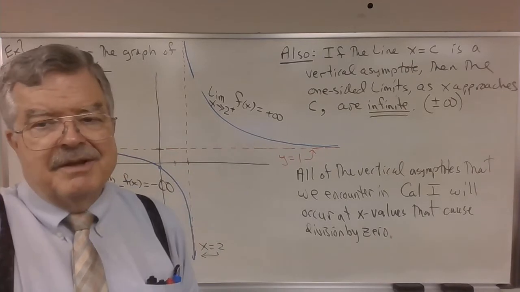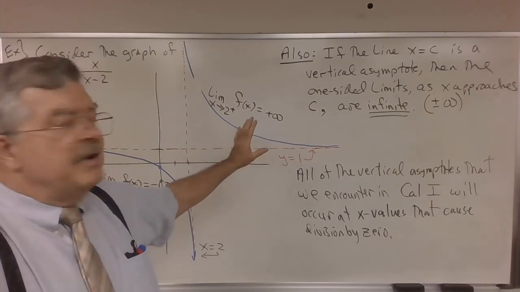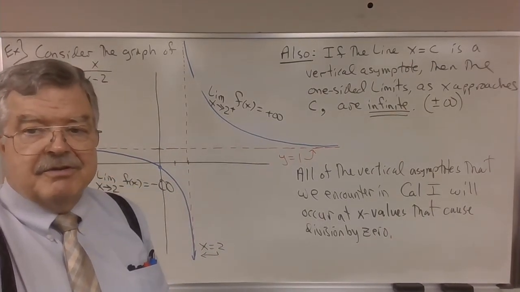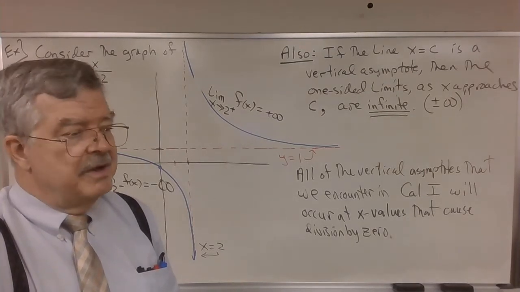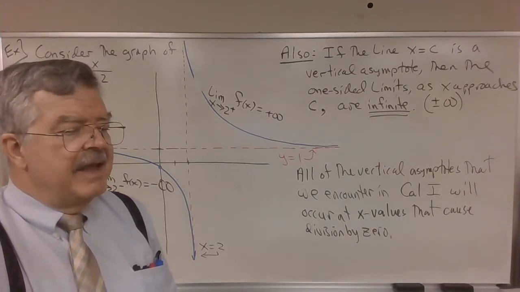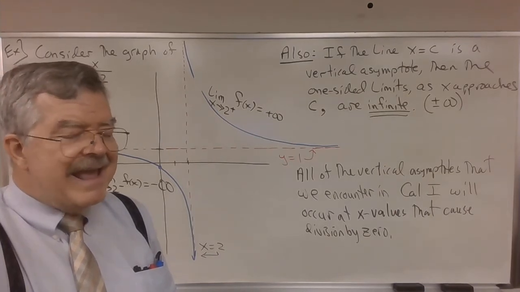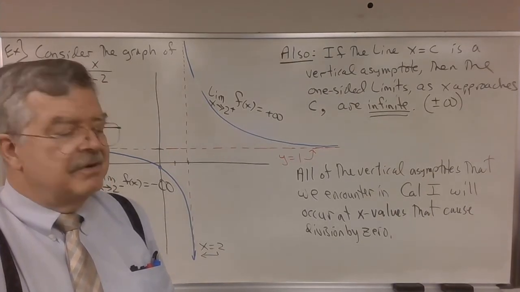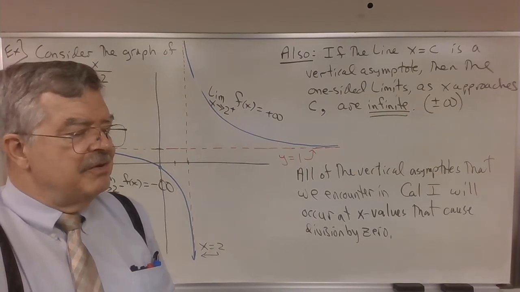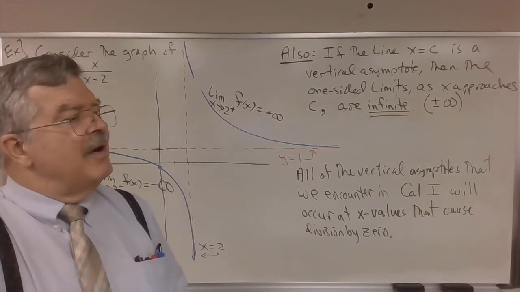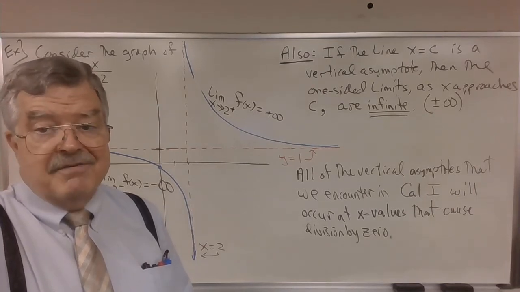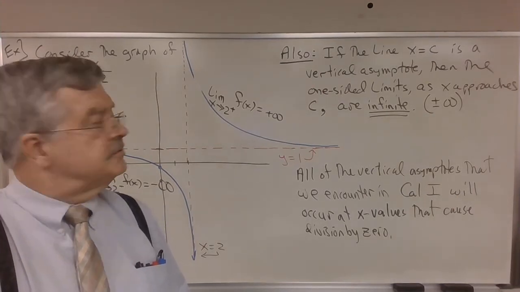Now, I will tell you this. Doing all of this for the sake of intuition, and after I finish with this example, we are going to go back and consolidate everything that we've learned into a how-to tutorial on how to find and graph asymptotes.